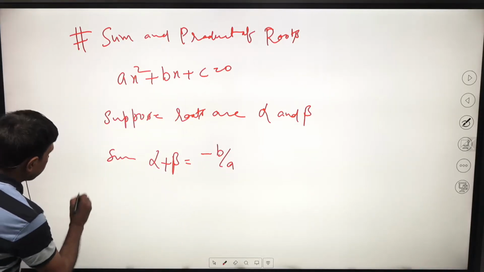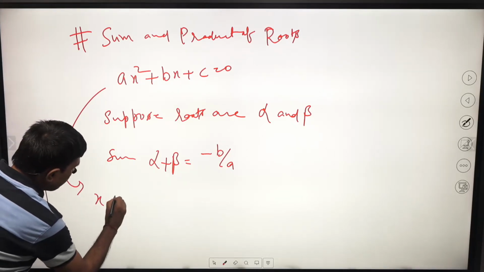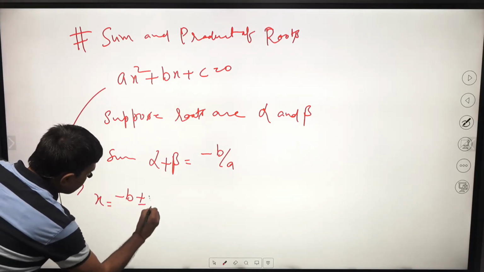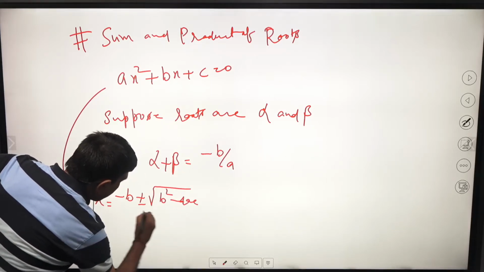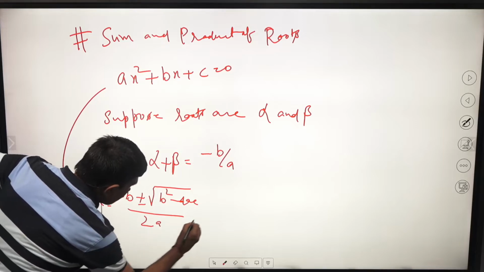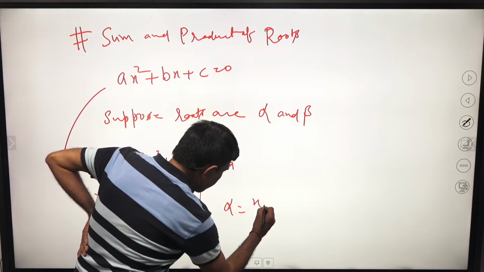The roots are written in such a form: x is equal to minus b plus minus root under b square minus 4ac upon 2a.